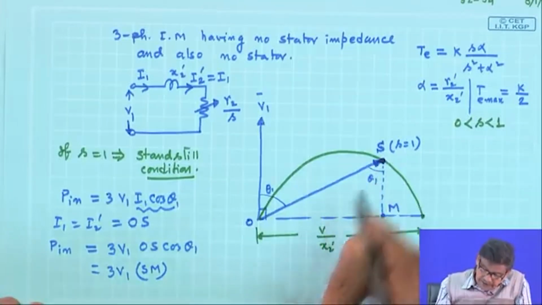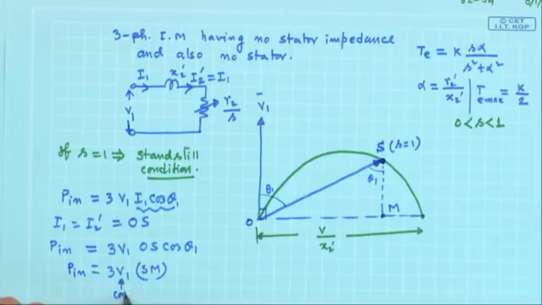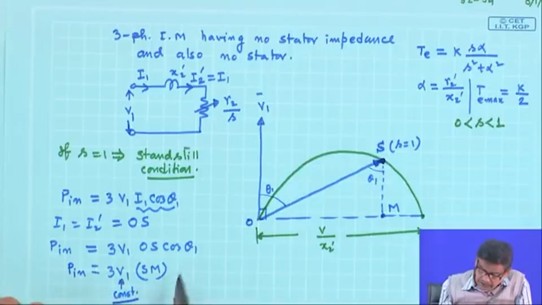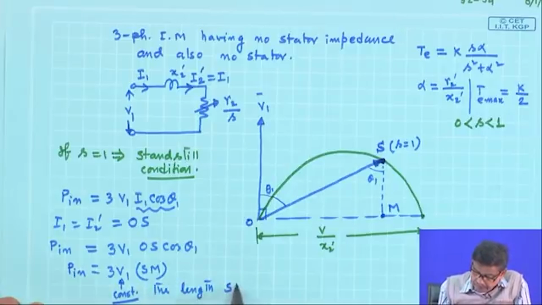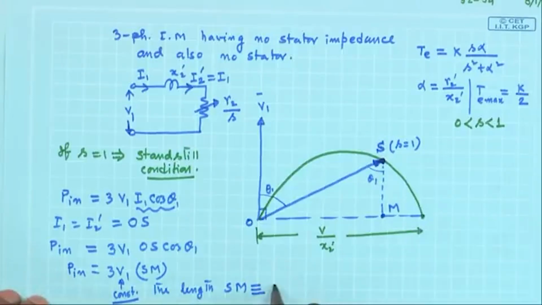Therefore, as you can see, V1 is constant, the per phase applied voltage. Therefore, the length SM will also be a measure of the power.